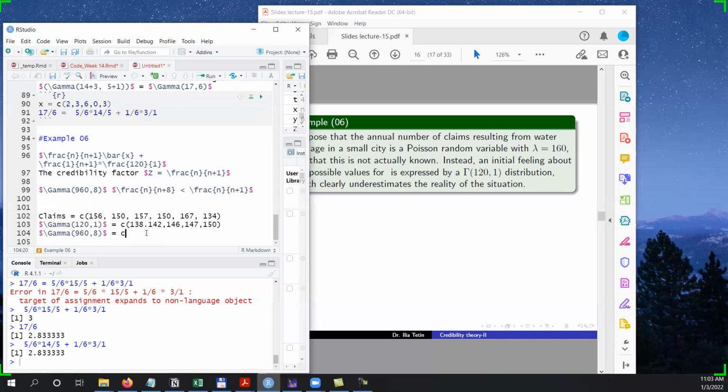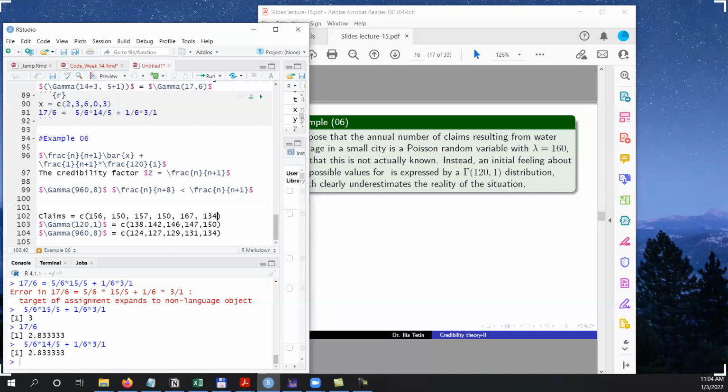This is the credibility estimate, and this is the credibility estimate for this value of gamma, 131 and 134. So if we continue that with different values, what would be the estimates for gamma 120, 1 and 960, 8?